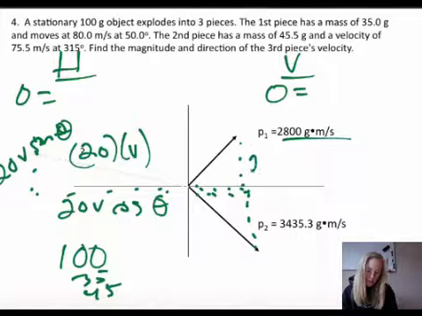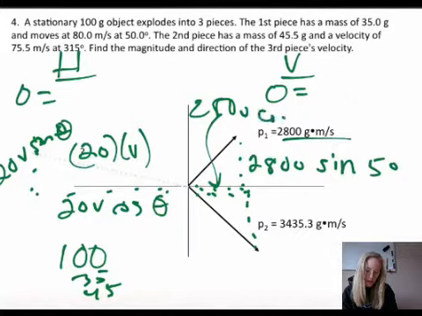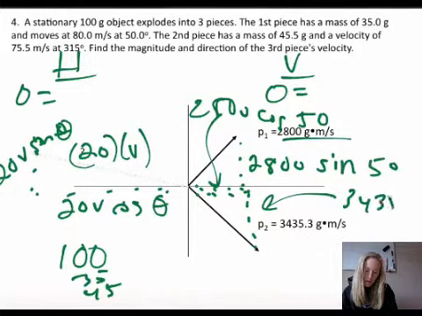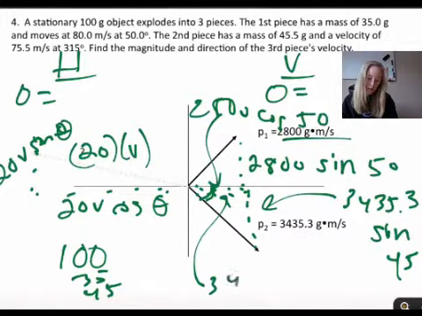So this side is 2800 sine of 50 and 2800 cosine of 50. And this one is 3435.3 sine of 45, because that's my angle right there. And this side is 3435.3 cosine of 45.